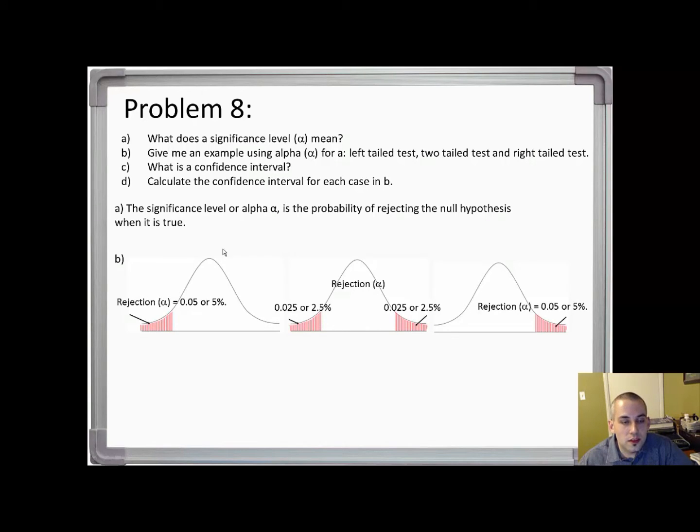Here's an example of a left-tailed test at 5%. Notice that for a two-tailed test, you're going to be splitting the alpha into 2.5 at the top and 2.5 at the lower region. And here's a right-tailed test, 5% along the right-hand side.